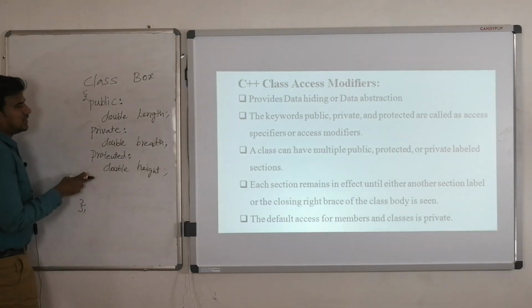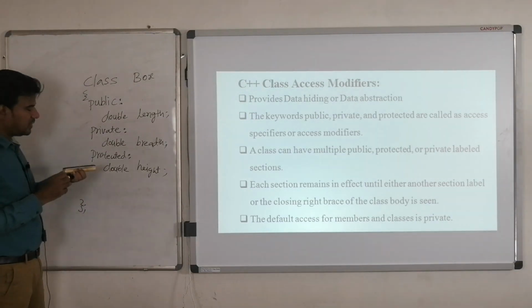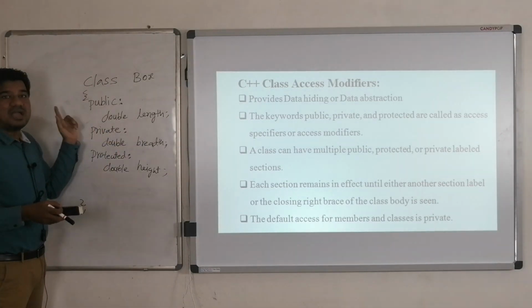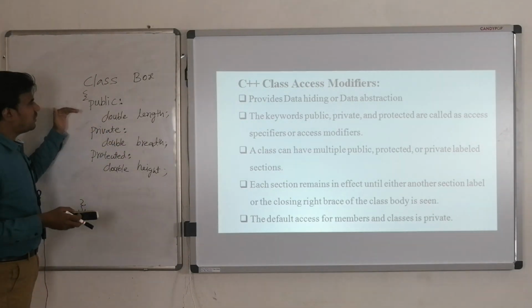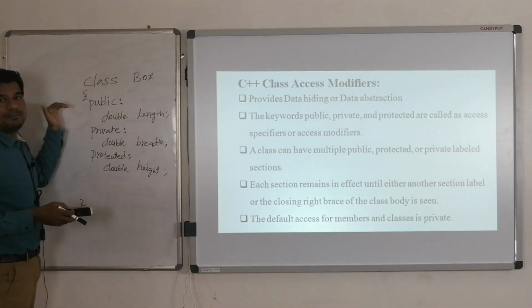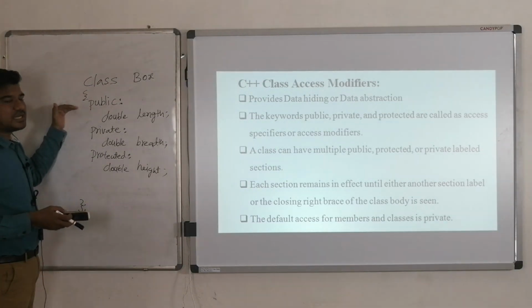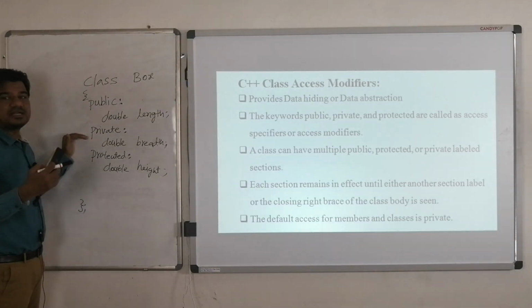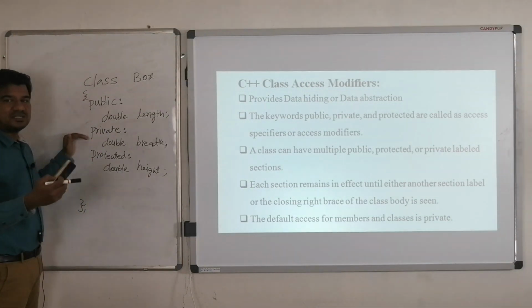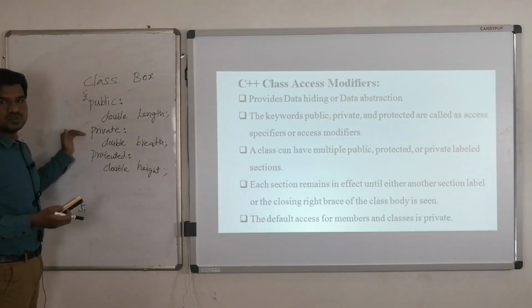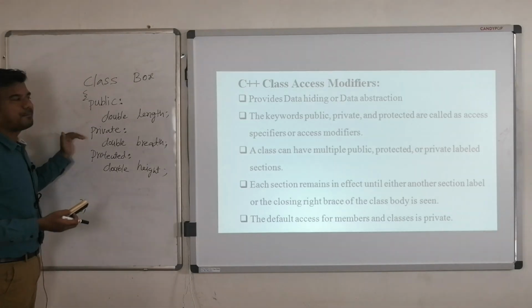Now, see over here, what will happen? The first data member length is of type public. So when you are using access modifier public, the scope of public will start from this point and it will end until you start a new scope. If you start a new scope, the public scope will end at this point and the new scope will start from this point, that is private.